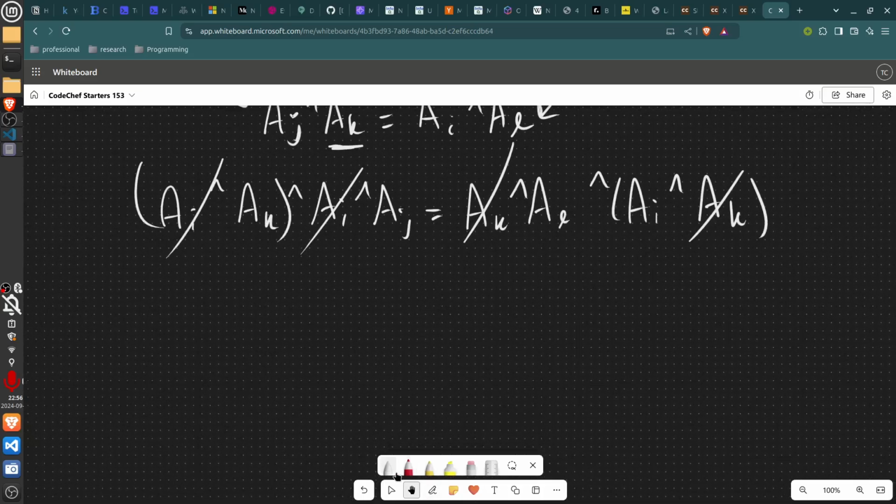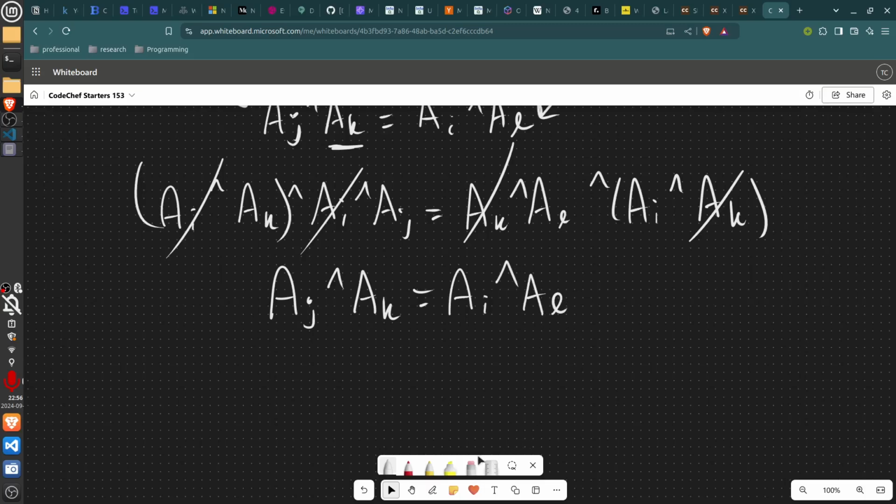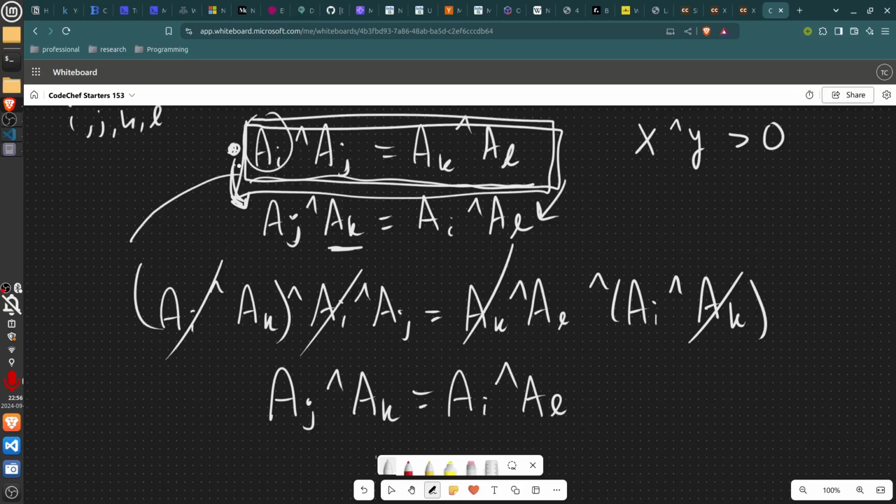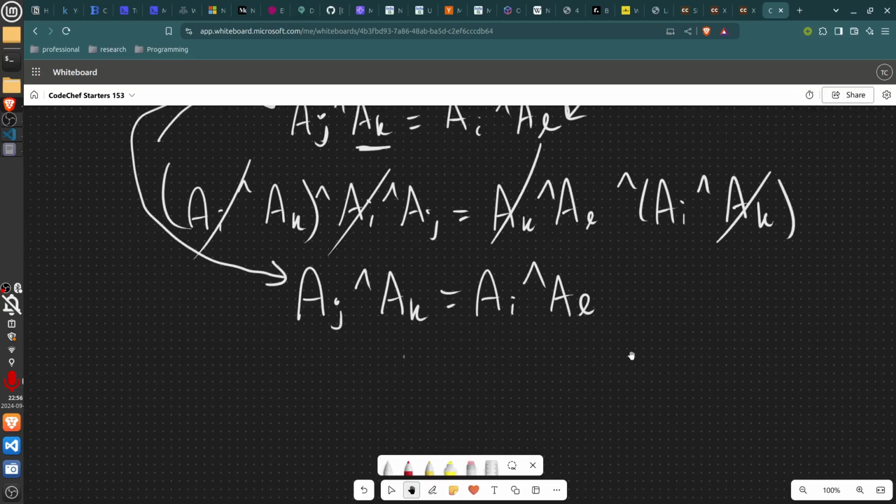And then it'll be left with basically AJ XORed with AK equals AI XORed with AL. Therefore, this shows that you can go from this one and derive that one. So if these are equal, then it's guaranteed that this is equal. And since everything is always non-zero, it's not going to be equal to zero. So it'll be a valid pair.